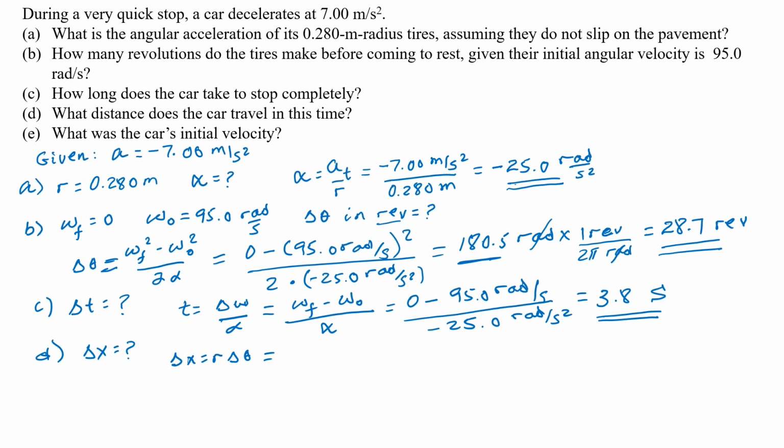So r is 0.280 meters. Multiply that by delta theta in radians, which is 180.5 radian. That's equal to 50.5 meters.